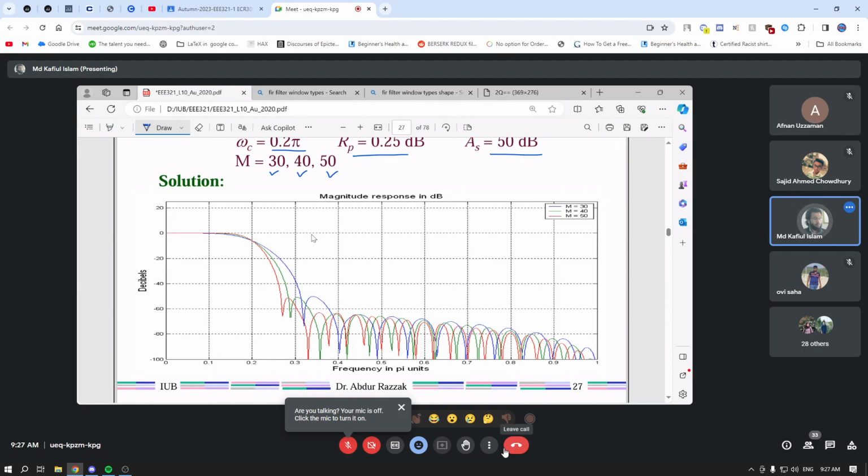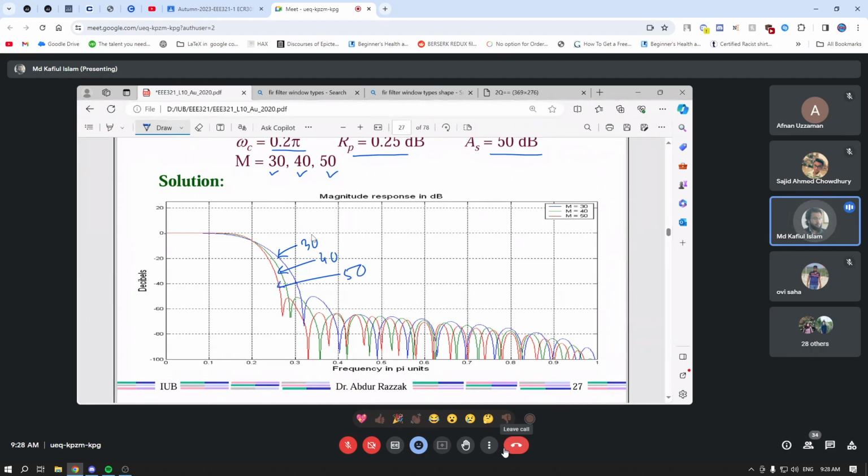Remember 18 order and 66 order, what was the difference? If I take the 66th order, then I can actually meet all the requirements in terms of delta omega and As, right? So here you can see that this is for 30, this is for 40, and this is for 50.